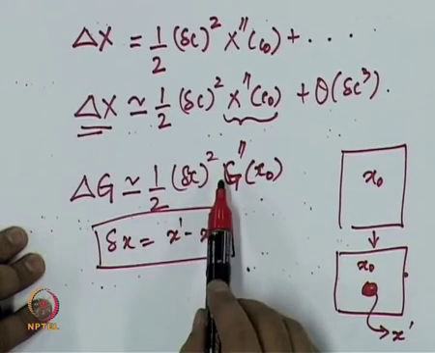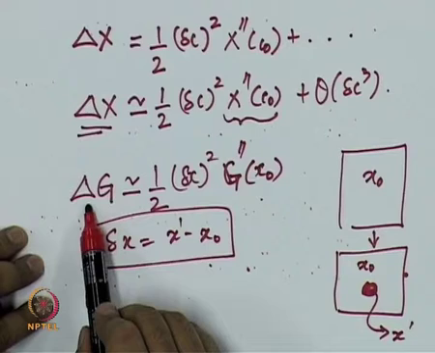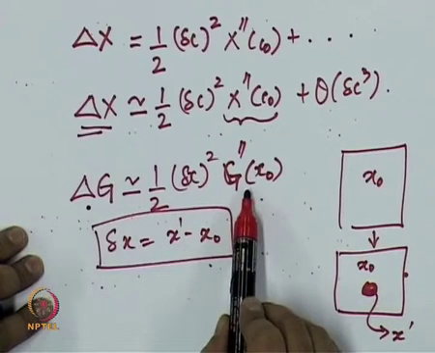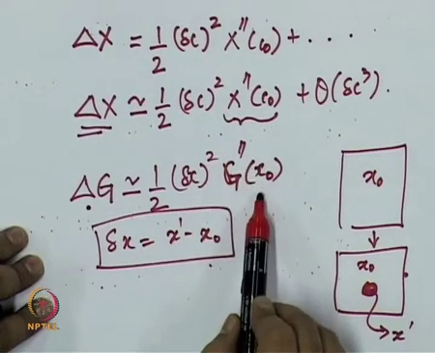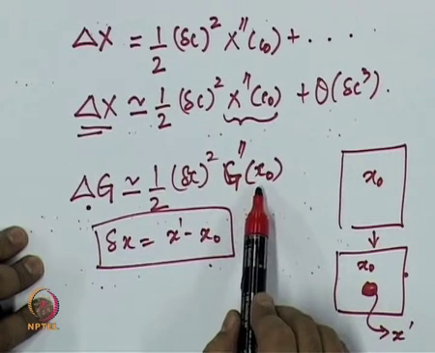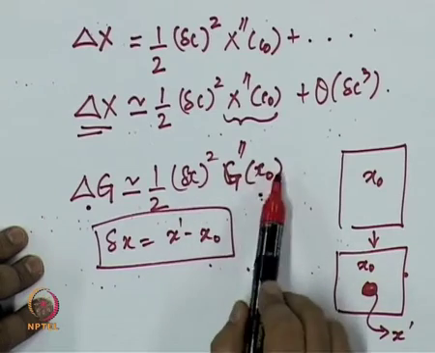So what does this mean? The sign of the change in free energy is given by the second derivative of the free energy with respect to composition at that point, which is the initial starting alloy.